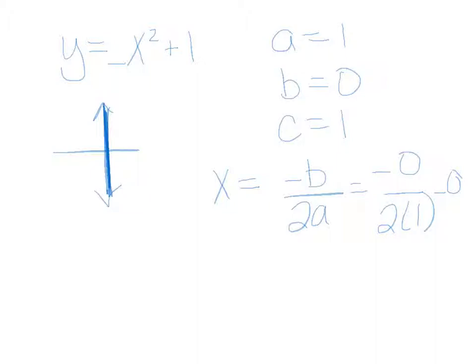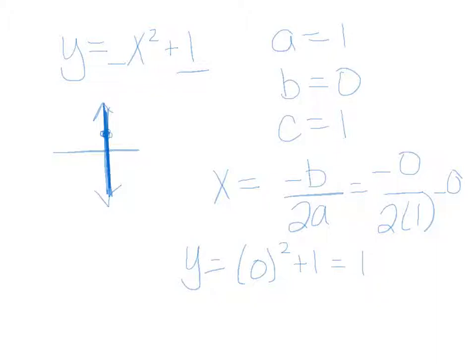Let's put this 0 back into the equation. So y equals 0 squared plus 1. So y equals 1. Okay, you can also tell that because 1 is our c, and that's our y-intercept. This is a positive x squared, so it opens up.